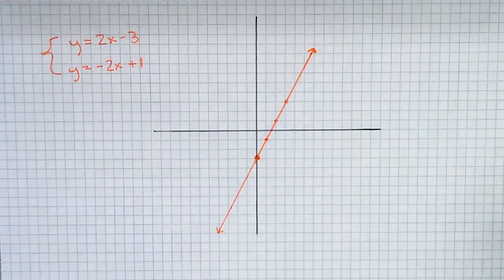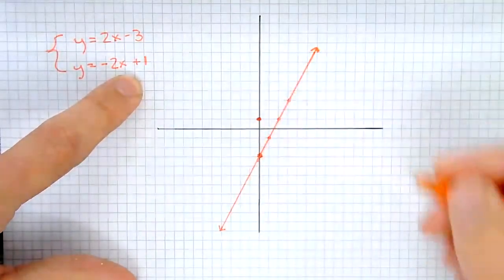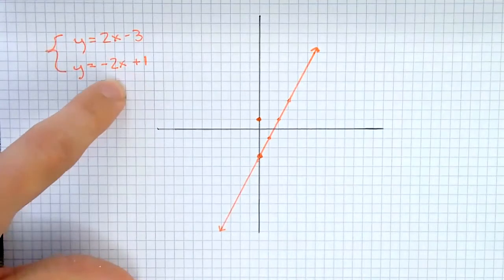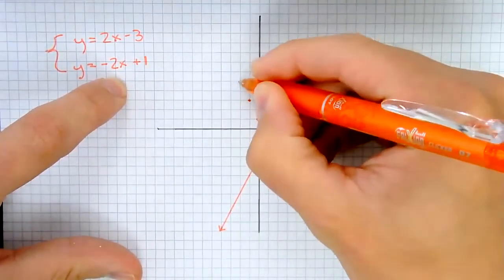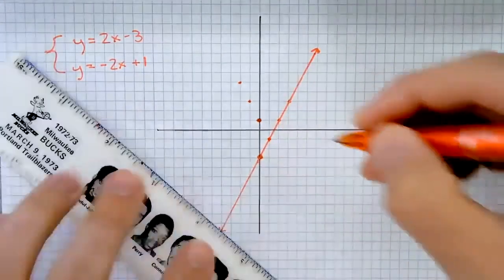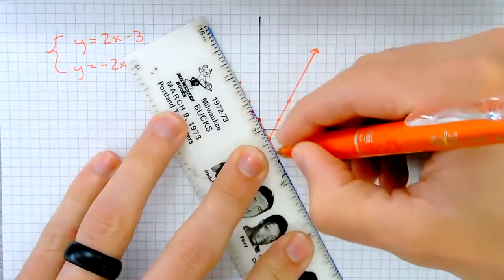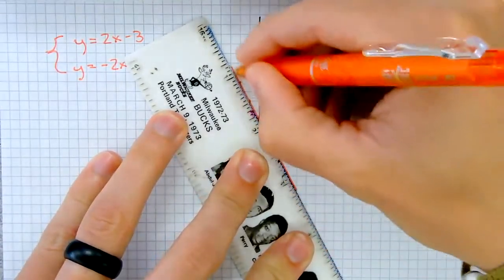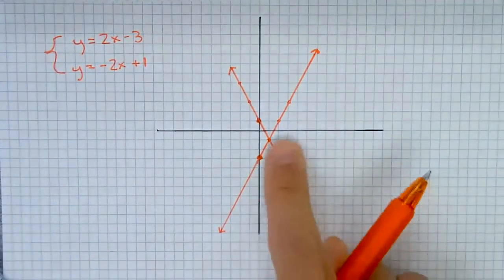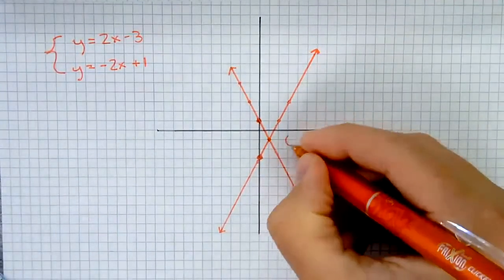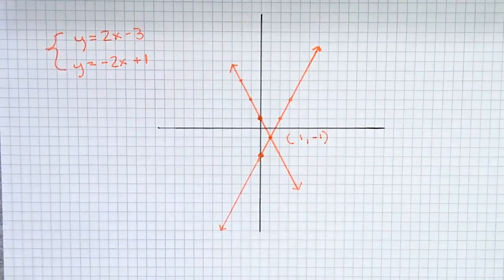My second equation has a y-intercept of 1 and a slope of negative 2, so I'm going up 2 to the left 1, up 2 to the left 1. This one definitely intersects at a much better place. The point of intersection is right there at 1, negative 1.